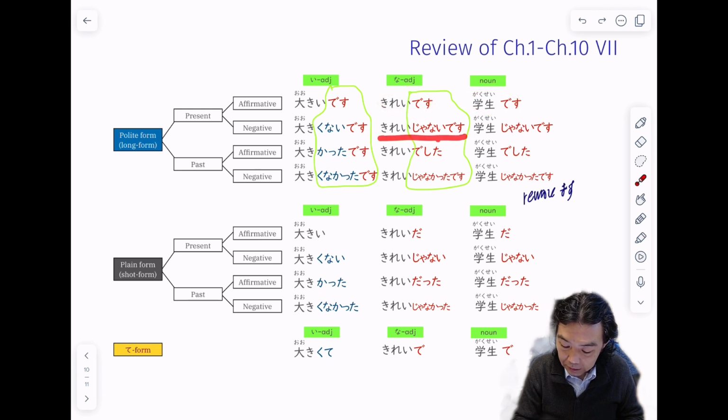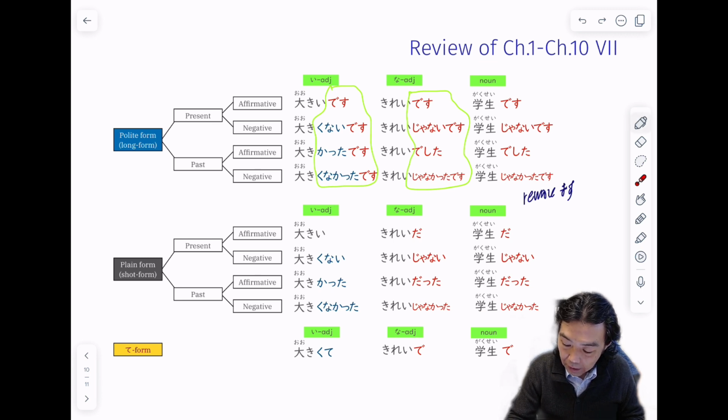綺麗じゃないです、綺麗じゃない。綺麗でした、綺麗だった. Sorry. So let's skip this too. 綺麗じゃなかったです、綺麗じゃなかった。学生じゃないです、学生じゃない。学生じゃなかったです、学生じゃなかった。Okay.